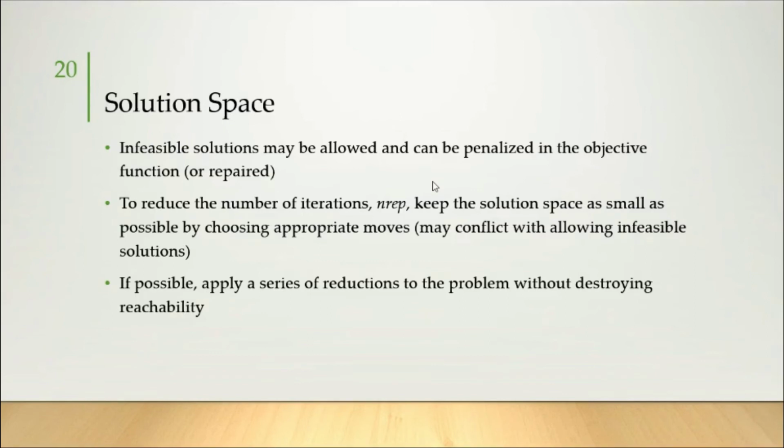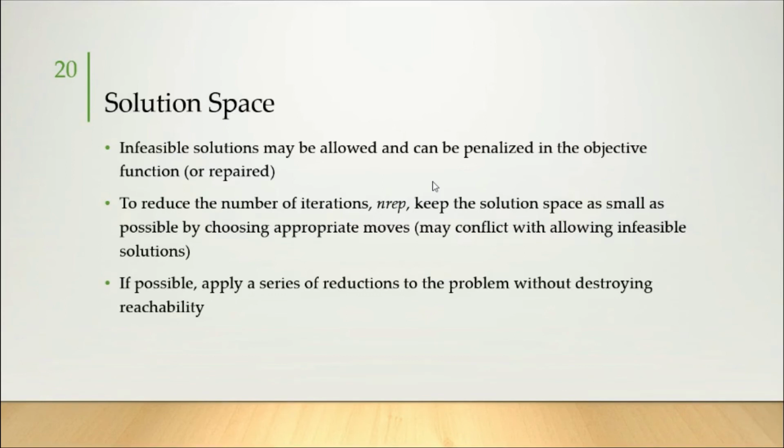If the problem is a permutation type of problem, we may allow solutions where not all the elements are present, so some elements may be repeating. In that case, that solution should be penalized, or it can be repaired.